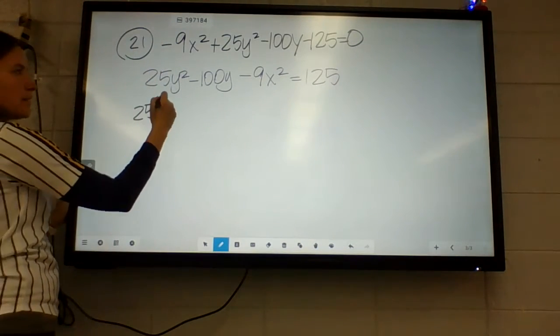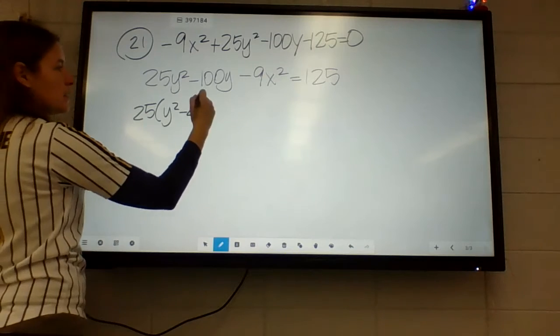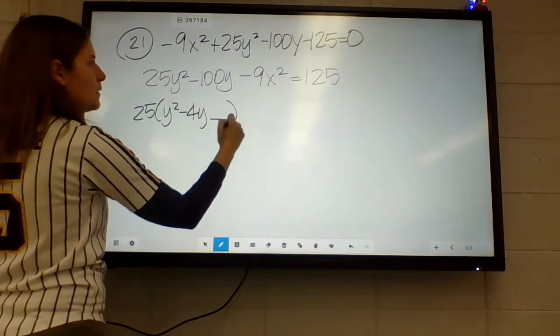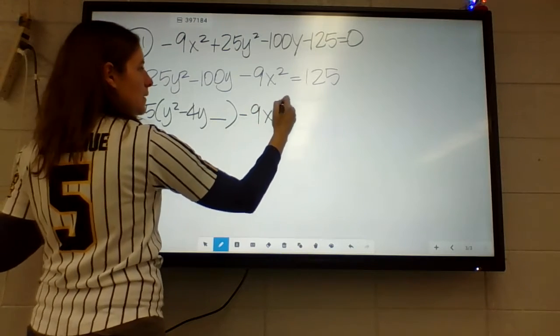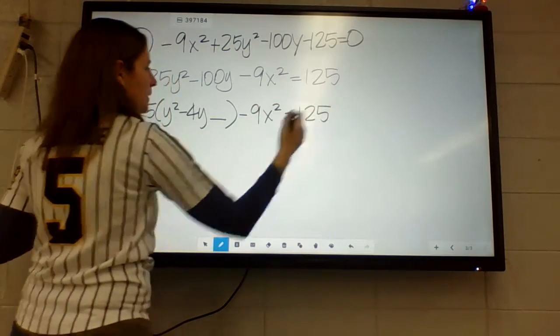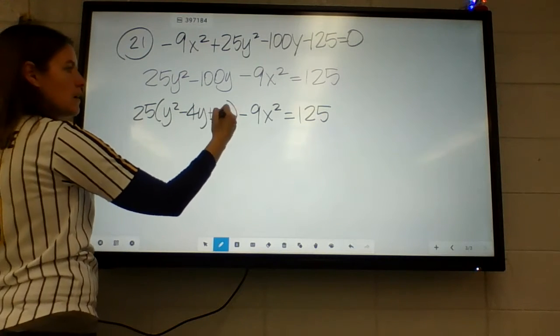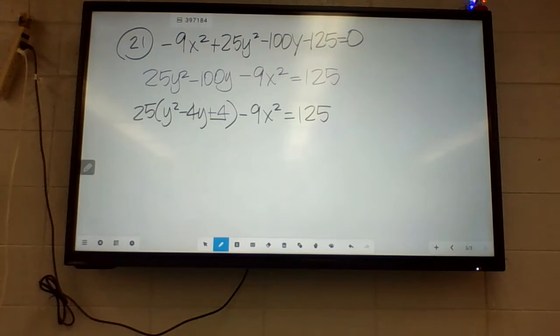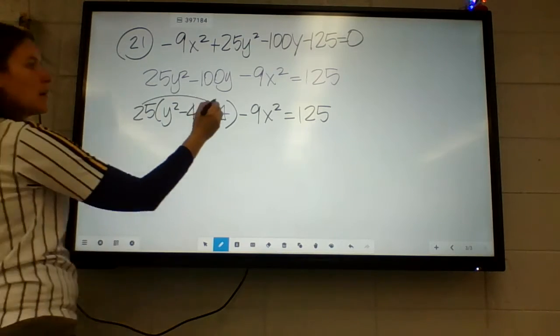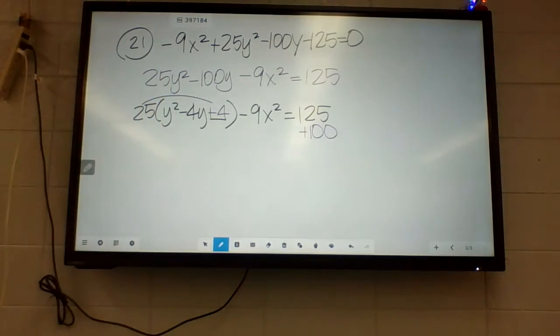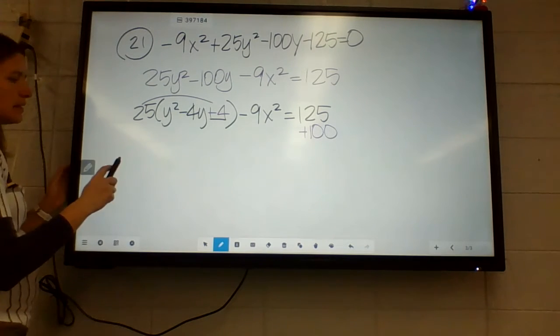So taking the 25 out. So here we have to put in a 4 because of the b divided by 2 squared. And then we'll add 100 over here. Nothing needs to happen with the 9.